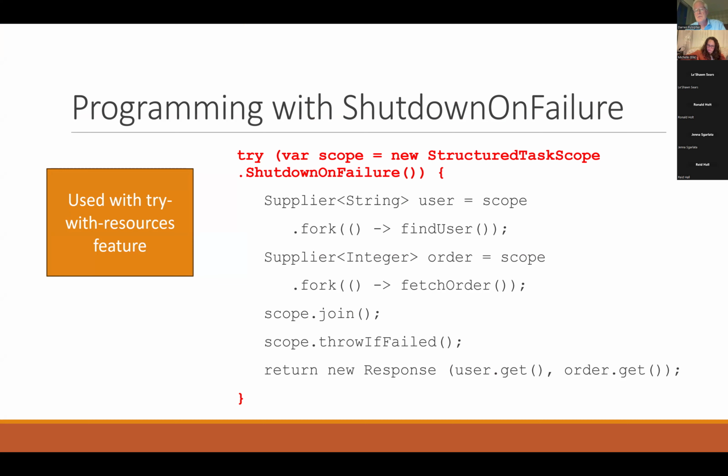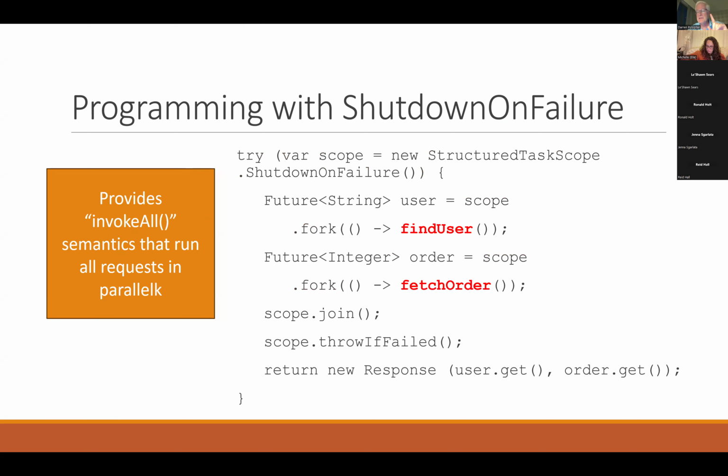It's different on shut down on success, because I'm only passing back one and the results will only come back once. Scope fork provides a new subtask, and don't forget the scope join. That brings everything back together. Okay.